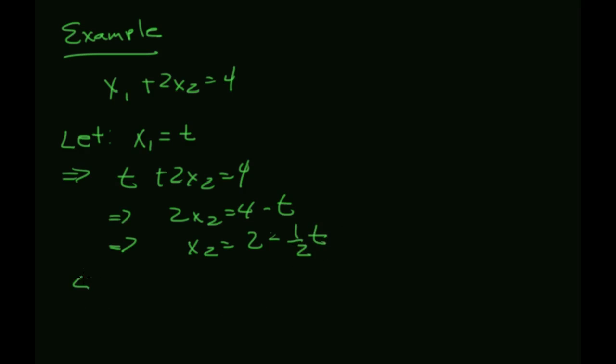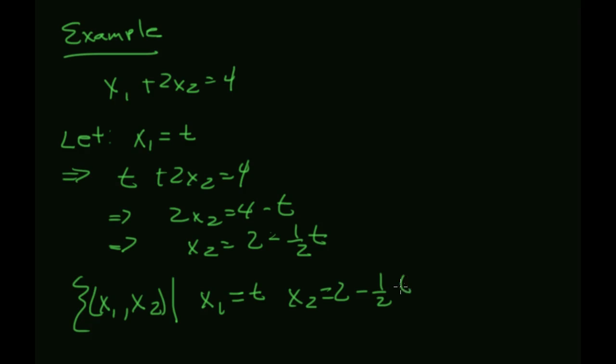So this set of x1, x2 values, the ordered pair, where x1 is equal to t and x2 is equal to 2 minus 1/2 t for all t which are elements of the reals, is the solution set for this equation, because whatever element of this set I pick, it makes this equation true.